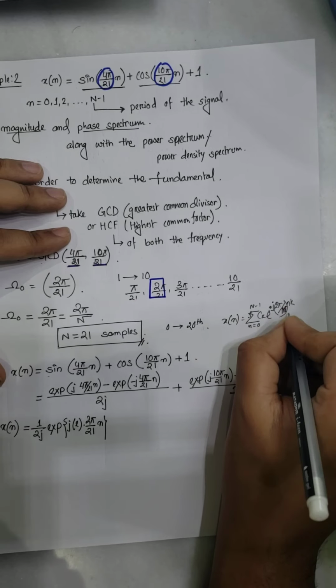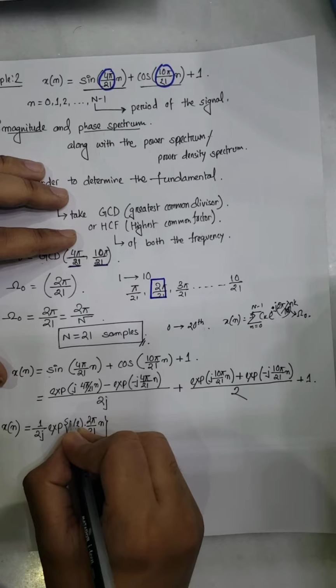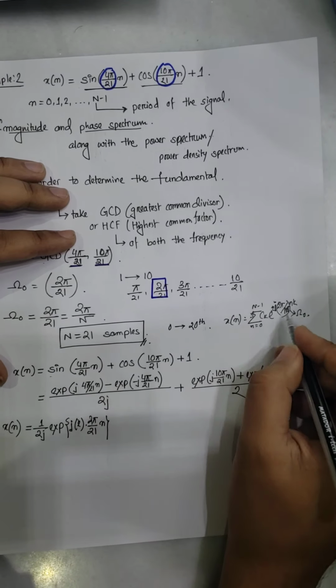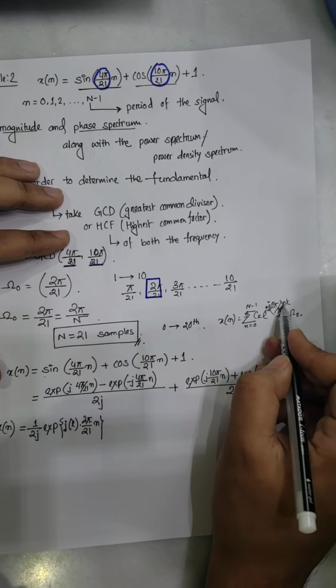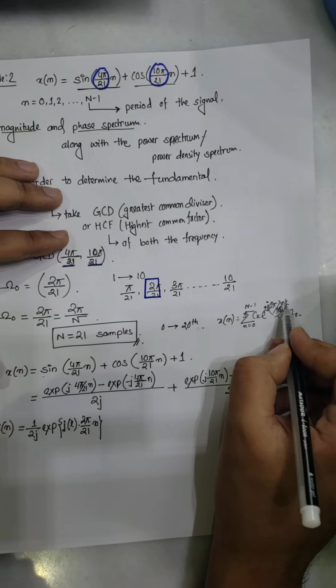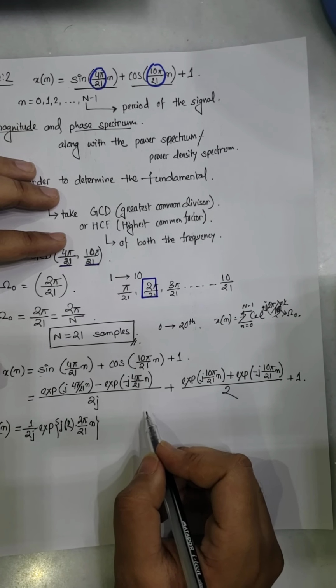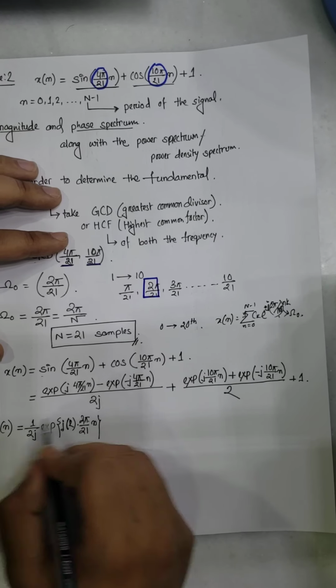This twice pi over N is omega naught. So j remains as it is, twice pi over 21 is the fundamental frequency, n remains as it is, and the value of k in this case is 2. So this term becomes analogous to the synthesis equation.